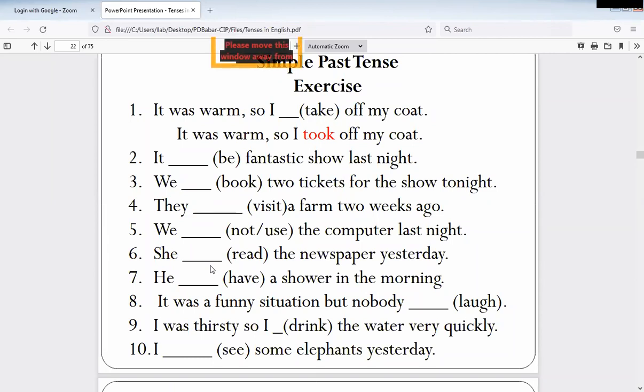Don't leave the meeting, because I'm going to take your attendance at the last part of this lecture. When 20 minutes are left before the end of this lecture, I will take your presentee.